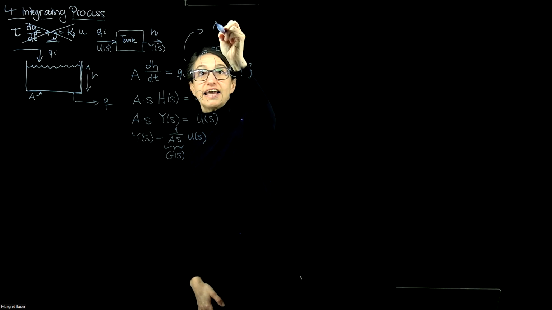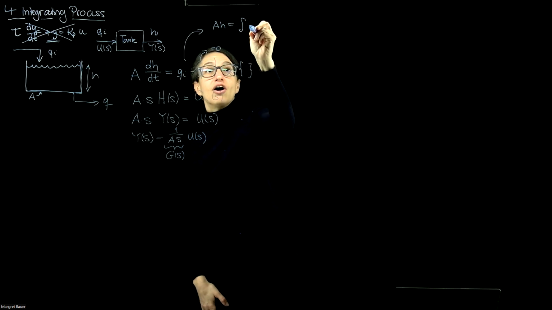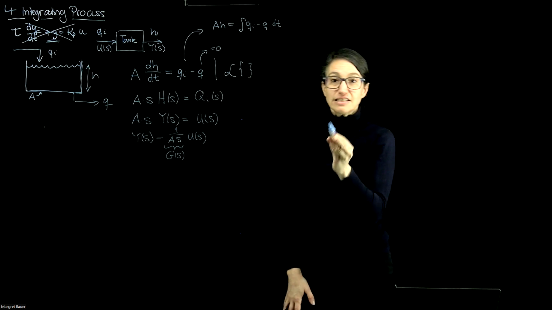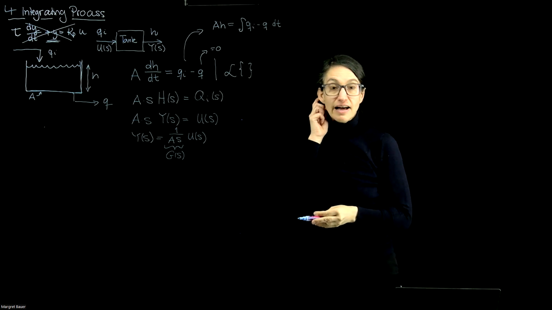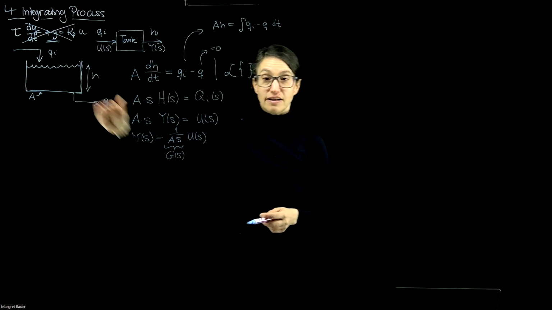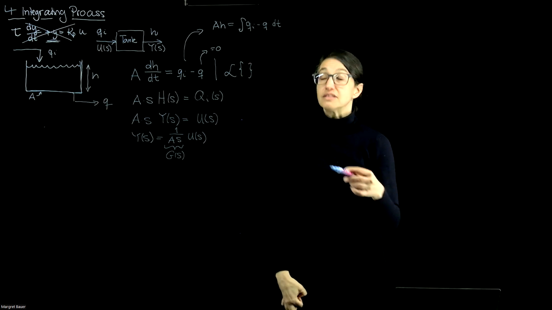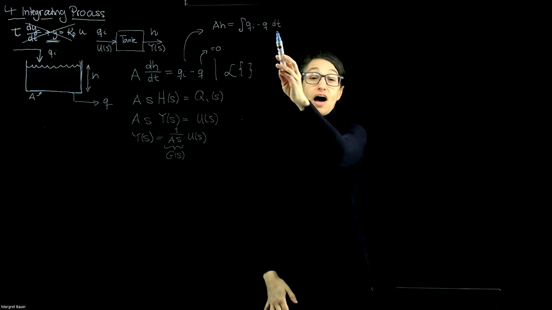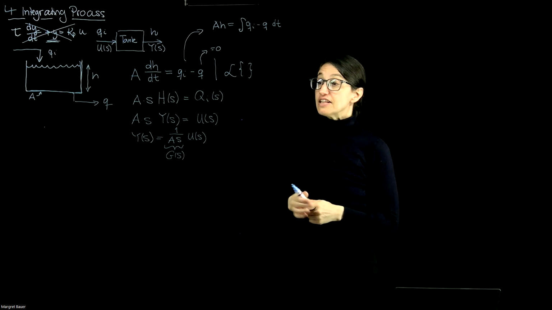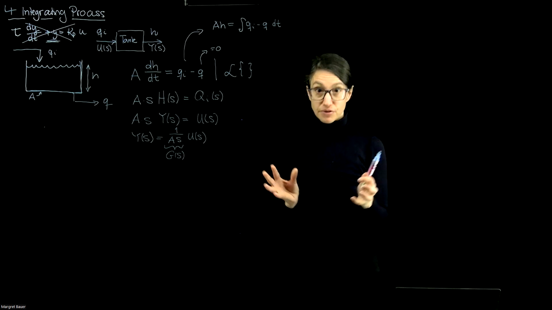We could write this as A times h equals the integral of Qi, if you would like to have it like this. So we're integrating the flow rate over time, and the height of the liquid in our tank is determined by how much we've put in.